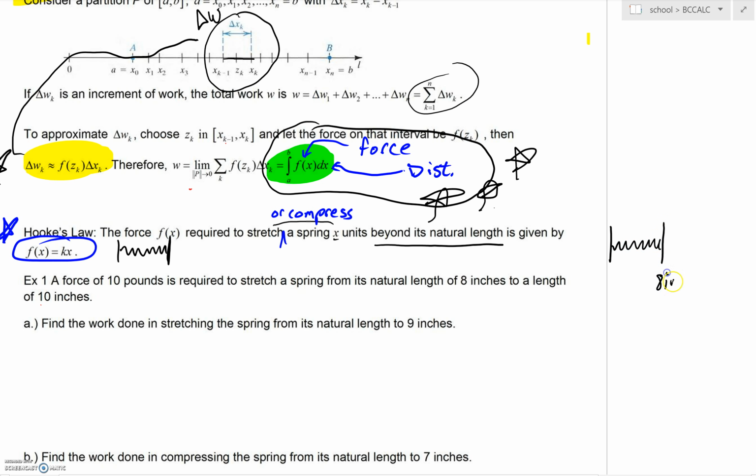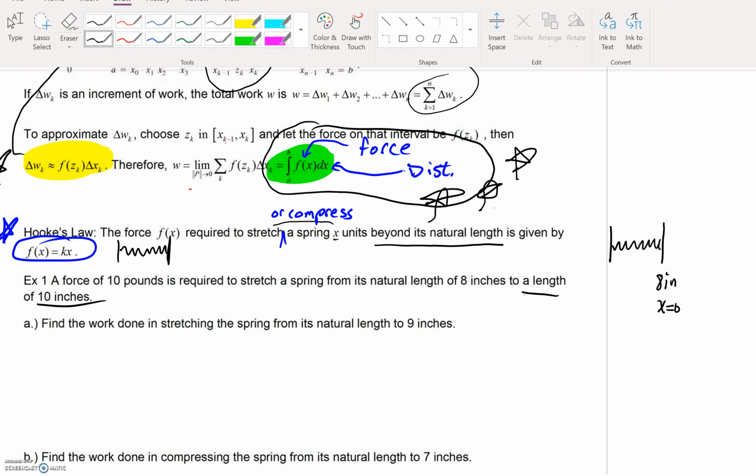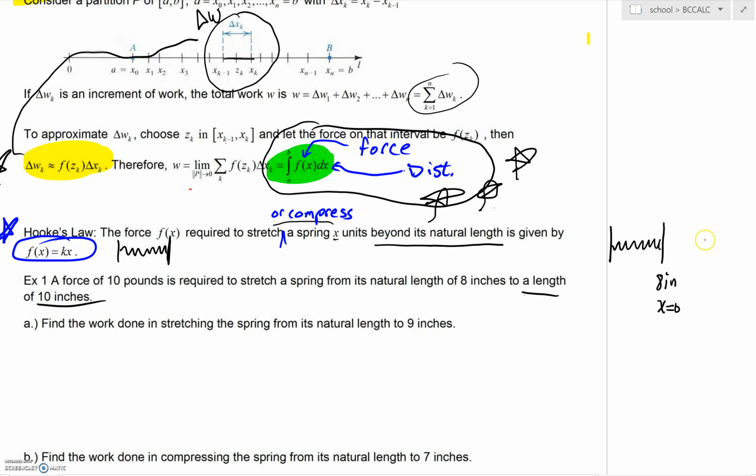This is 8 inches. By the way, we could call this ground 0, so to speak. This is a nice way to do this. This is 0 units beyond its natural length. But if we're going to stretch that to 10 inches, well, I'm going to change my color here just to show that change. 10 inches would be over here to the right.